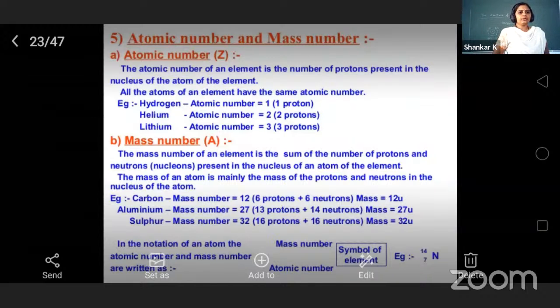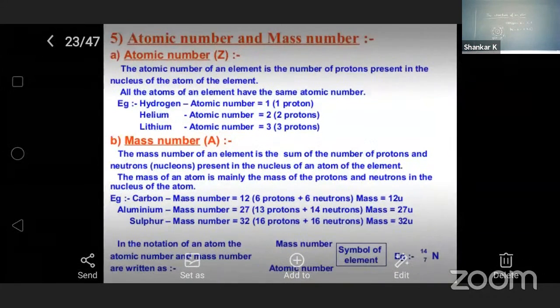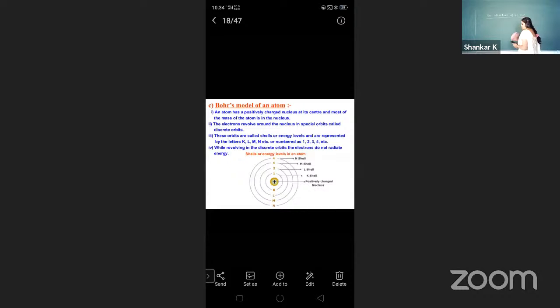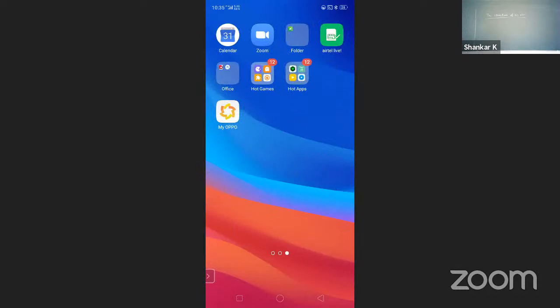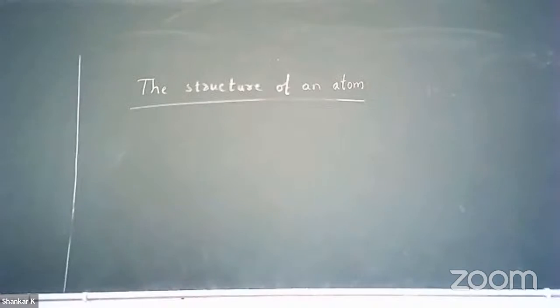Okay, so atomic number and mass number. We have already discussed the atomic number and mass number. Now we come to the class work, students. Till how much have you written in the class work, students? Yes, in the class work, how much have you written?